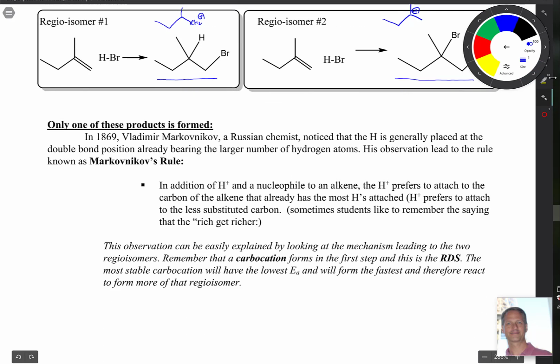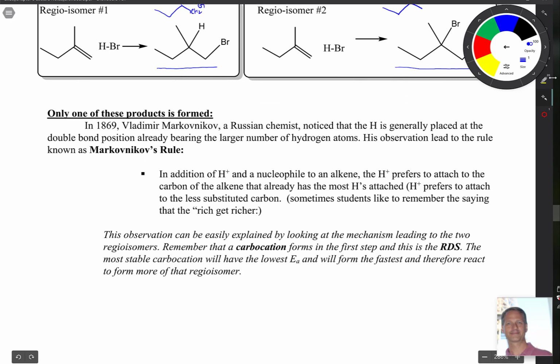Now, there's a rule associated with this. About 150 years ago, a Russian chemist named Markovnikov noticed that the H is generally placed at the double bond position already bearing a larger number of H atoms. That led to a rule called Markovnikov's rule. This one is a big deal that you need to know.